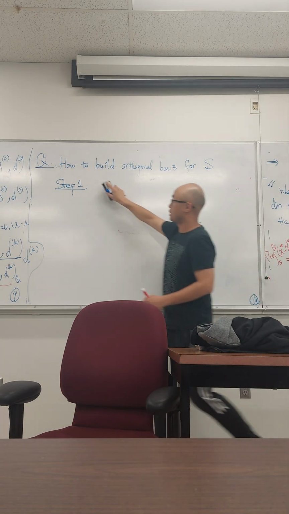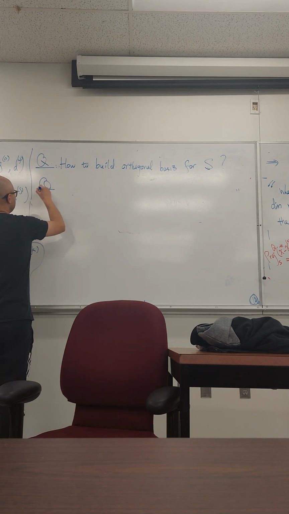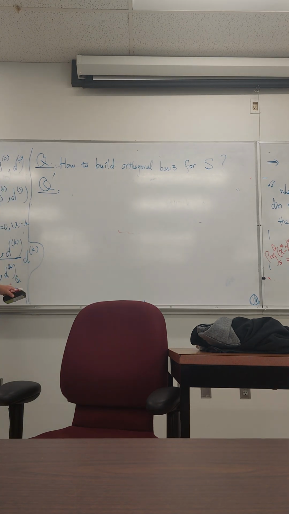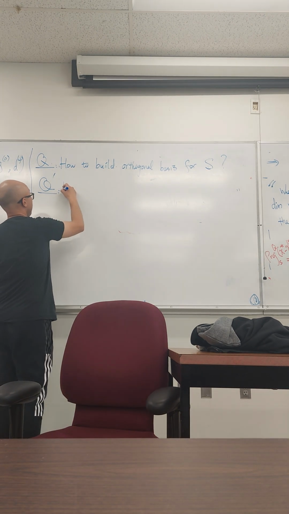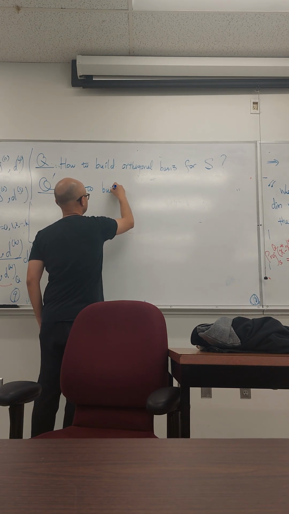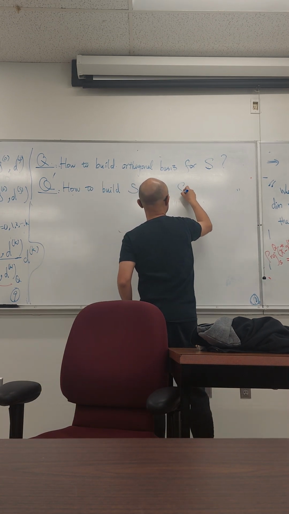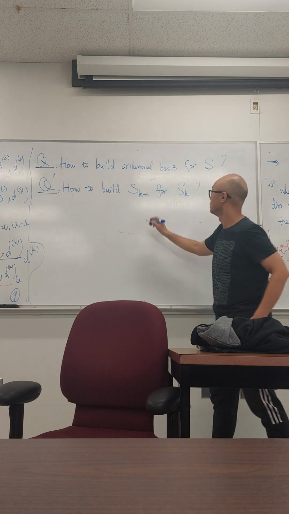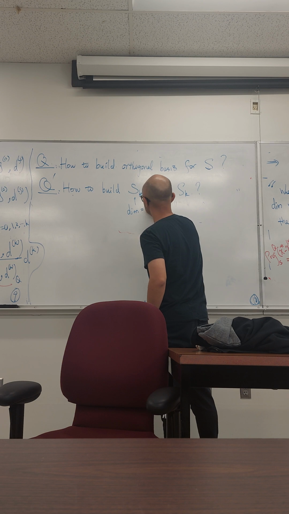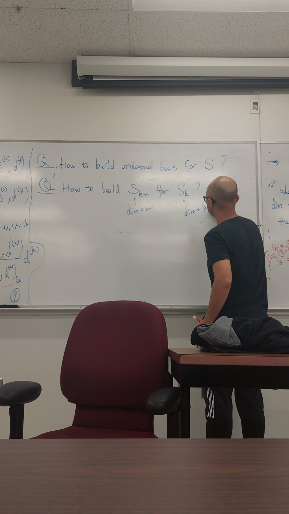So we ask a simpler question, let's say Q prime: how to build Sk plus 1 from Sk. This one has dimension k plus 1, and this one has dimension k.